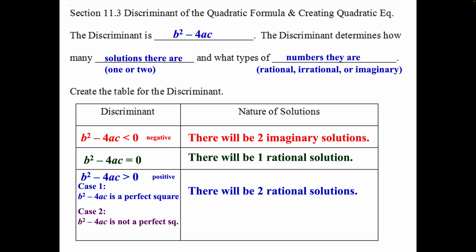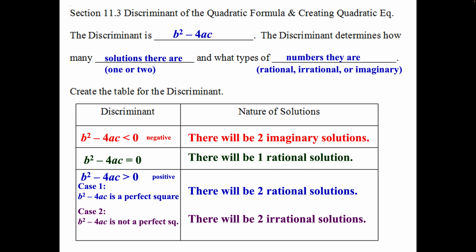Case 2 is, what if b squared minus 4ac is positive, but it's not a perfect square? This is when you take the square root of the value and you get a decimal. Then there will be two irrational solutions. So you have 4 possibilities that are going to occur, and we'll take a look at an example of all 4 so you can be aware of them.